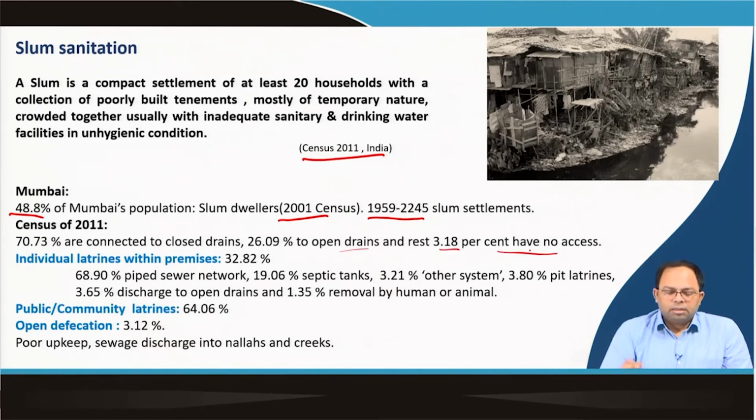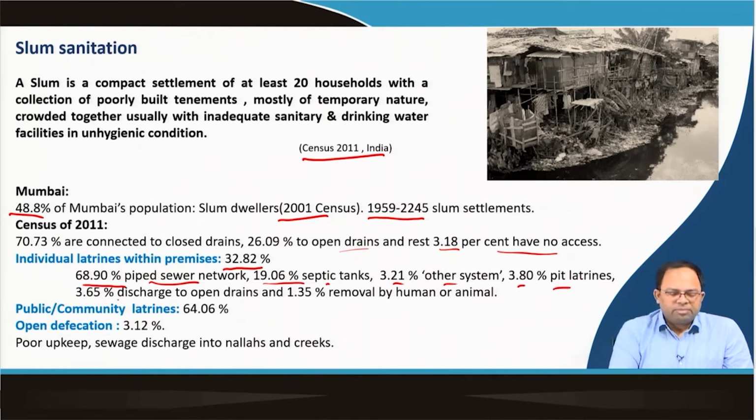to even drains. Then individual latrines within premises: around 32.82% of buildings within the slums have got toilets within premises. The rest, most of them, do not. Out of this 32.82%, 68.9% is connected to a pipe sewer network, 19.6% to septic tanks, 3.2% to other systems, and 3.8% is pit latrines.